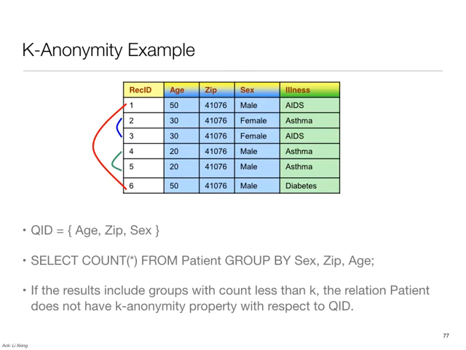Essentially, this is a SQL statement which lets me count every unique combination of sex, zip, and age. If we find that there are groups whose count is less than k, then that means our k-anonymity property is not satisfied, and I'll have to modify my data. I'll have to perturb this database in order to achieve this.